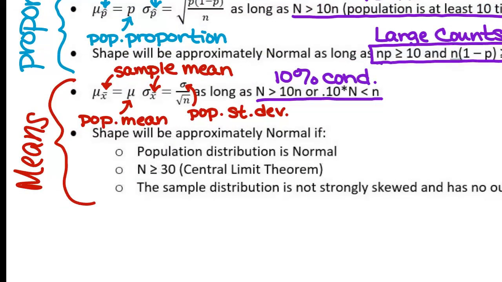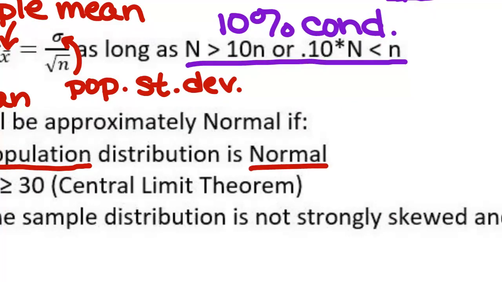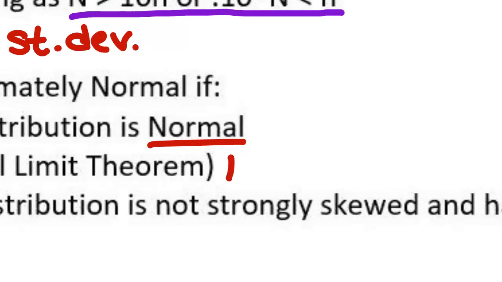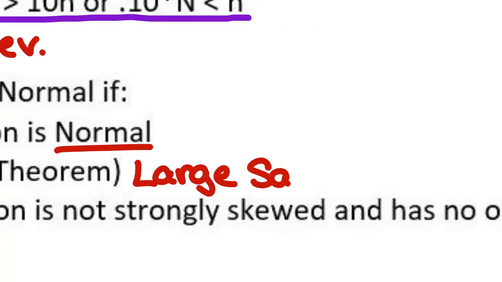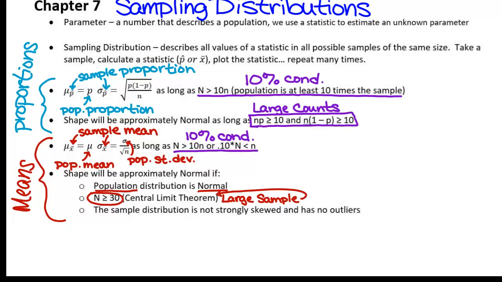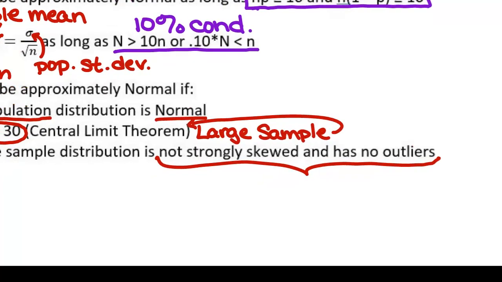We will be approximately normal if the population distribution is normal, if n is greater than 30, that's large sample, or if the sample distribution is not strongly skewed or has no outliers.